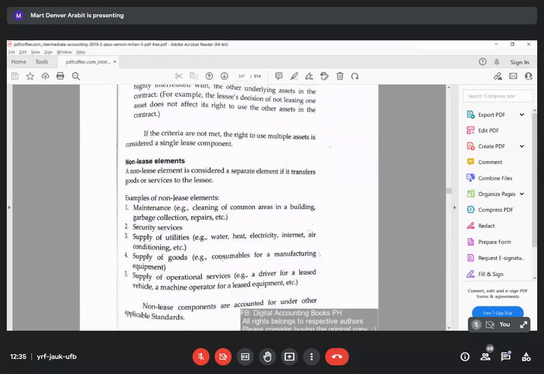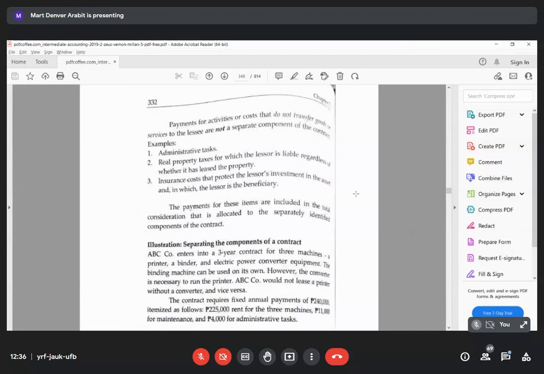Non-lease components are accounted for under the applicable standards. So maintenance is not part of lease, same with security services, utilities, goods, and operational services. So payment for activities, okay, hindi nga siya part. Ito yung mga example niya.